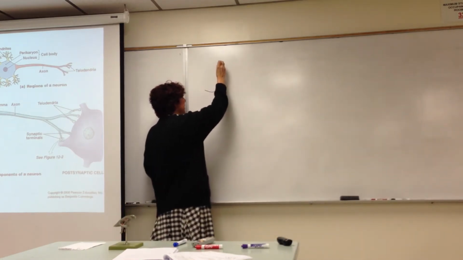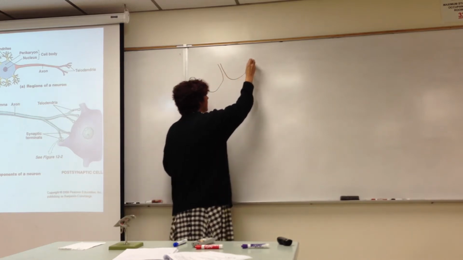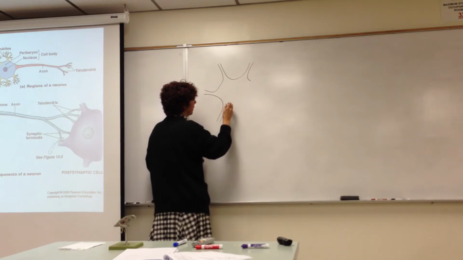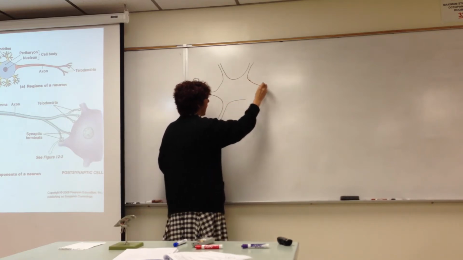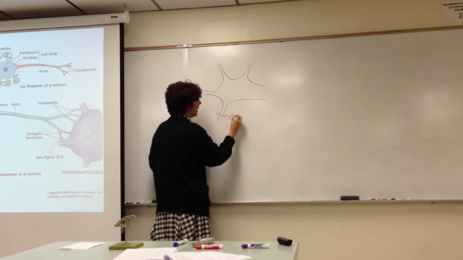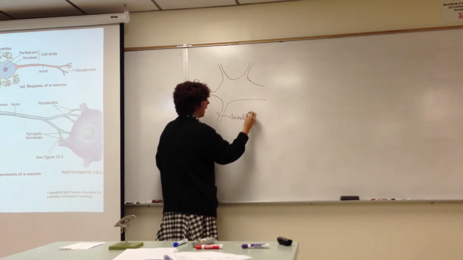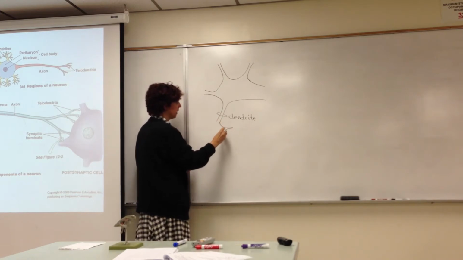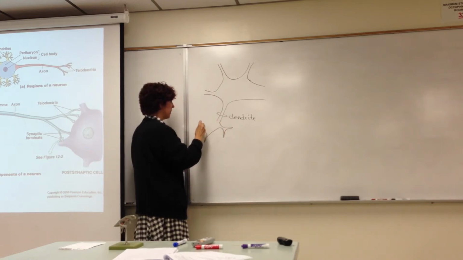Having the dendrites increases the amount of surface area that a neuron has. So this would be a dendrite. And then that surface area is expanded by more branches known as dendritic spines.